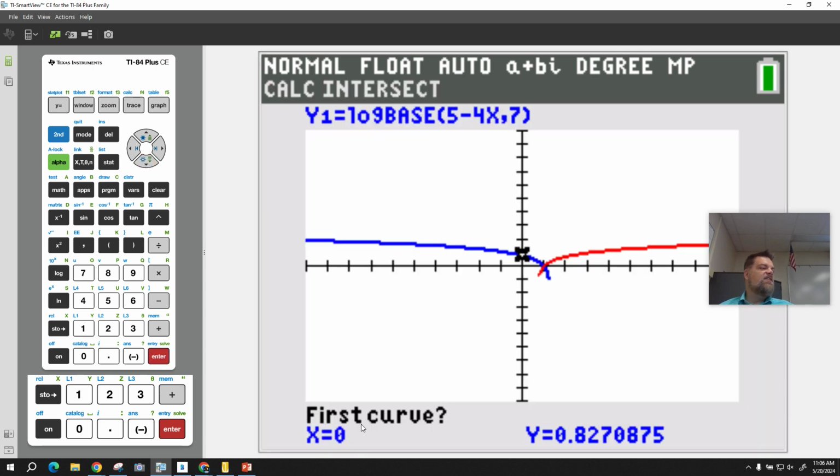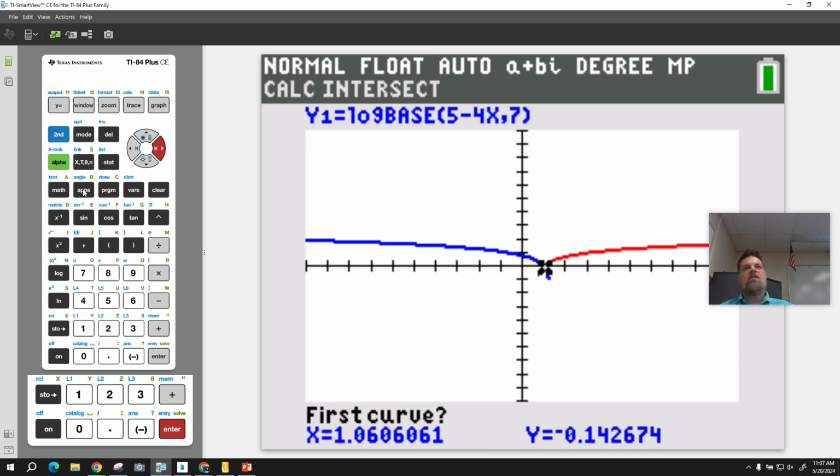So now you've got to read this carefully. This cursor, I want to try to move to where I think it is, but see how it says first curve, and all the letters are in blue? Well, you guys don't have colors on your calculators. But it'll say first curve. That's just Y1. So you want to get that as close as you can to the intersection.